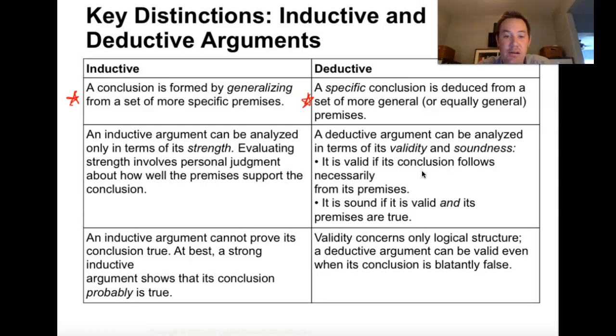An inductive argument can't prove its conclusion too. At best, you've given a bunch of examples, and so you've put up a strong argument, right? So a strong inductive argument might be like, alien life forms have never visited Earth, right? We don't have any evidence, or we have very little valid evidence of that happening.